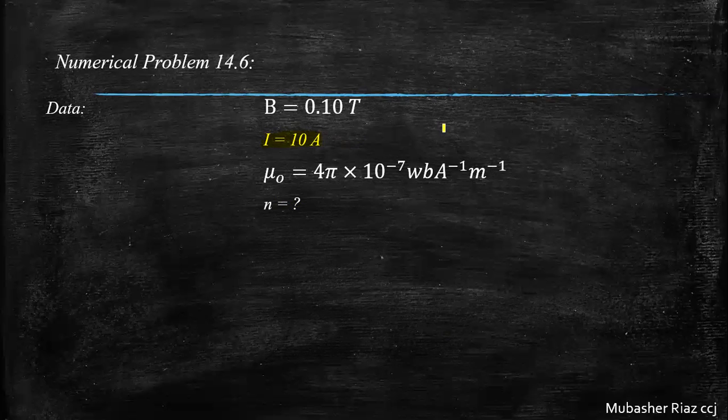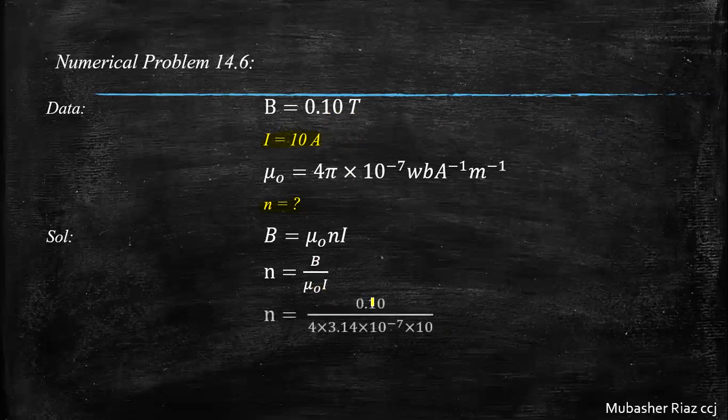तो इसके लिए आपने याद रखना है कि नंबर ऑफ टर्न्स पर यूनिट लेंथ कितने रिक्वायर्ड होंगे to produce this amount of magnetic field. So by using B is equal to μ0 n I, where small n is the number of turns per unit length, n is equal to B over μ0 I, where μ0 is the permeability of free space, whose value is 4π × 10^-7, B is 0.10, current is 10 ampere.